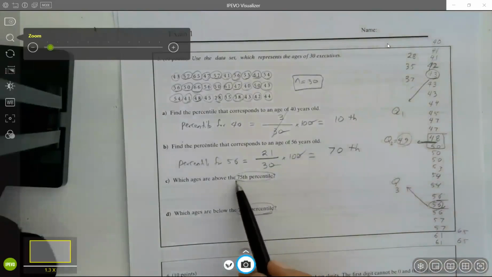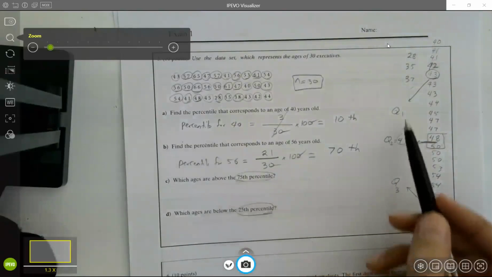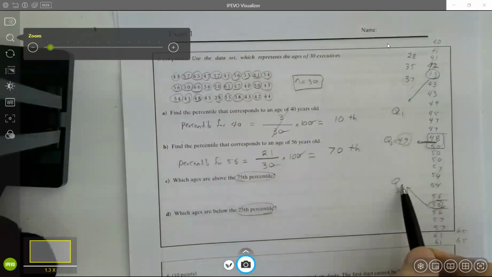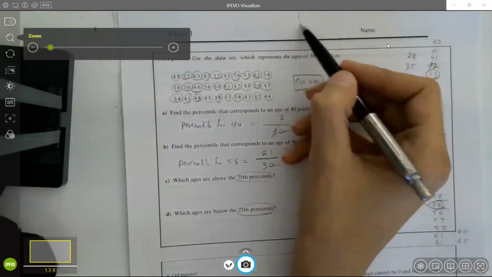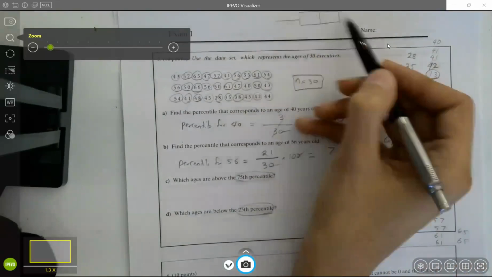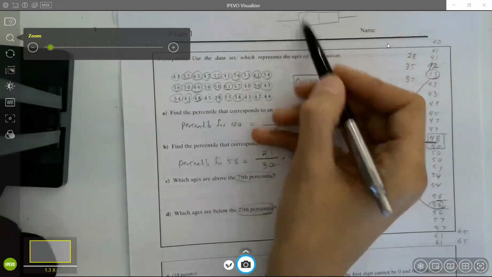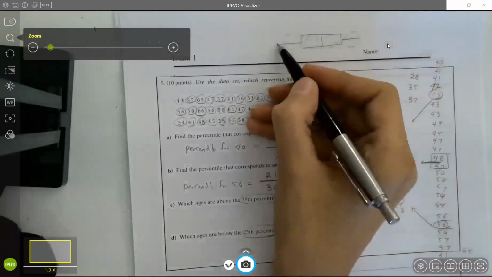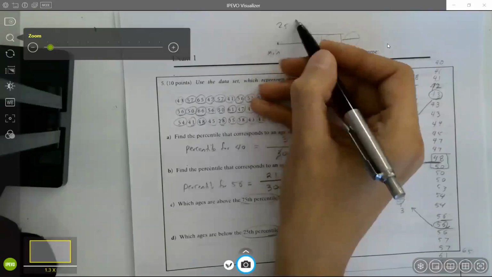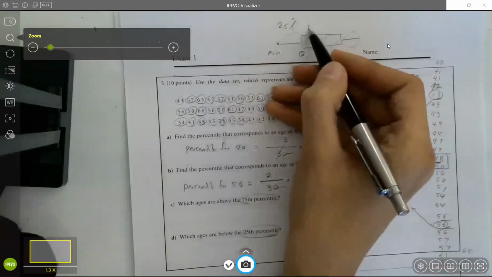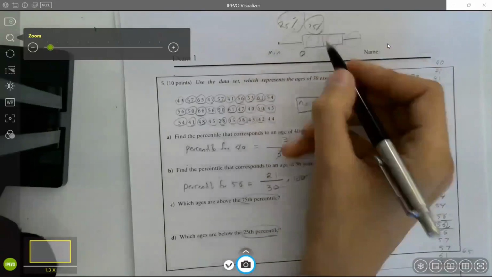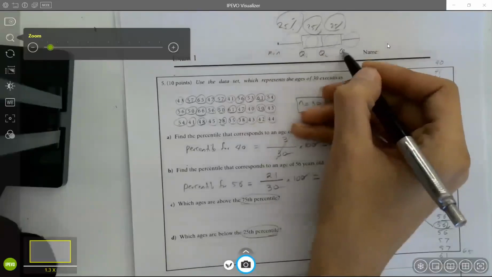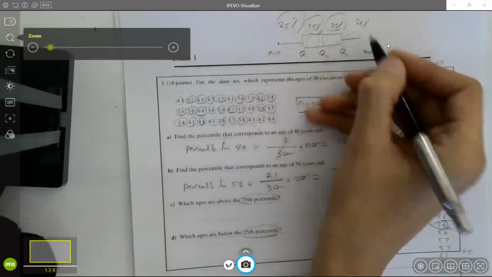Remember how we define the first, second, and third quartile: they divide your data set into 4 portions. So it was minimum, 25%, Q1, 25%, Q2, 25%, Q3, 25%, and maximum.